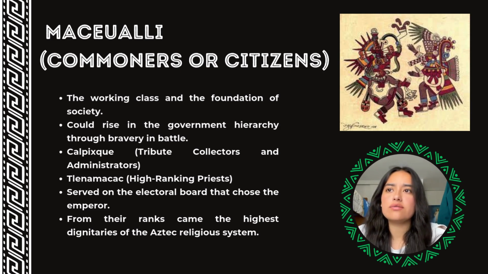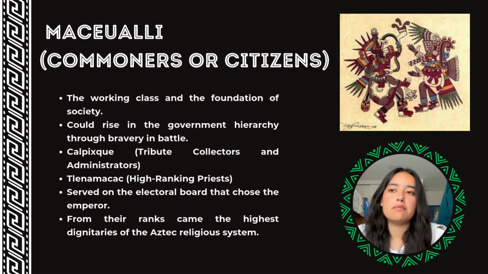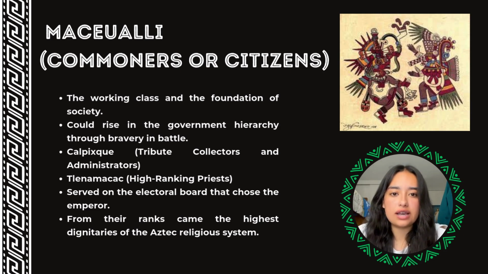At the same time, we have the lower officials, people who supervised groups of 20 or 100 families for public works, cleaning, or collection. And also, but not less important, we have the Calpixque, who were collectors and administrators of these communities. They distributed the grains and informed the emperor of agriculture, trade, all these types of things.